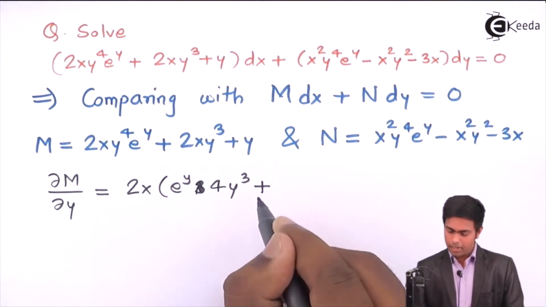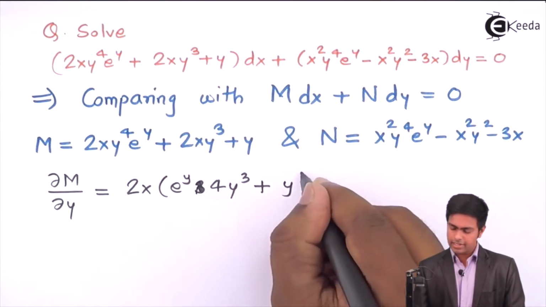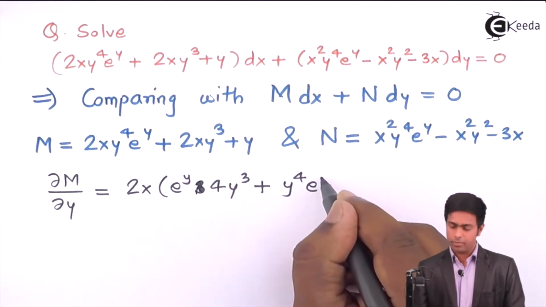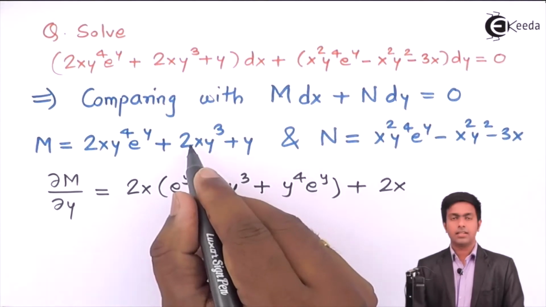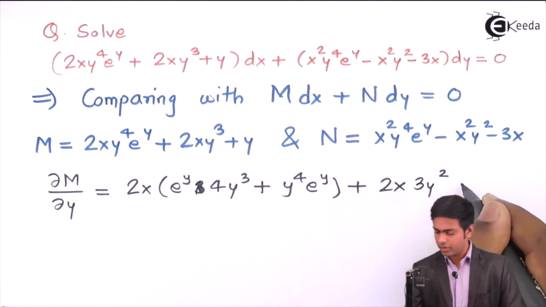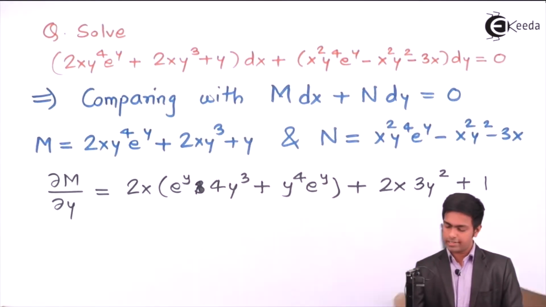Next, plus this y^4 as it is, and e^y, the derivative will be e^y, plus 2x as it is, and the derivative of y^3 is 3y^2, plus the derivative of y with respect to y is 1.